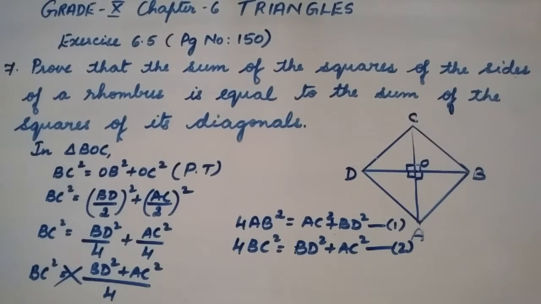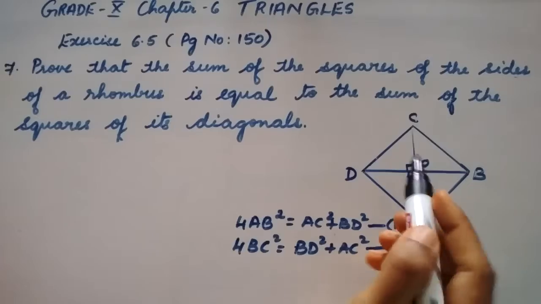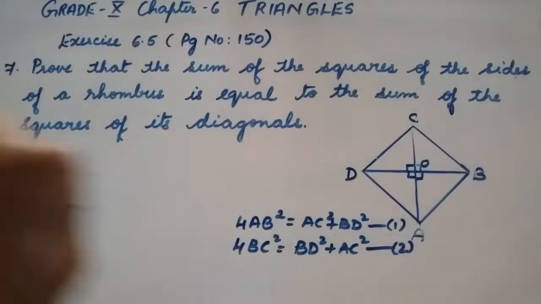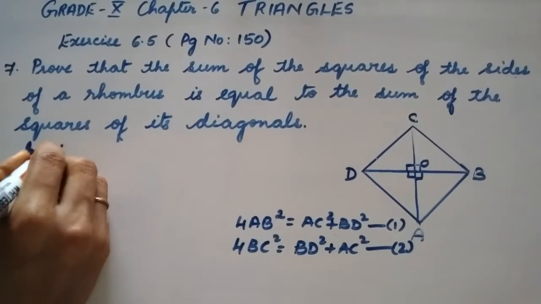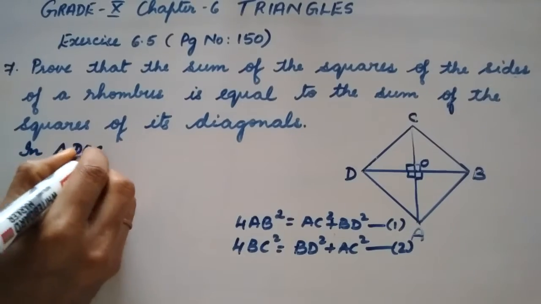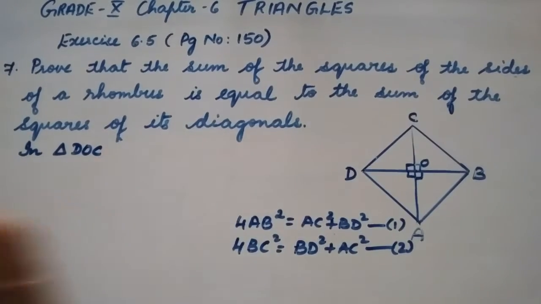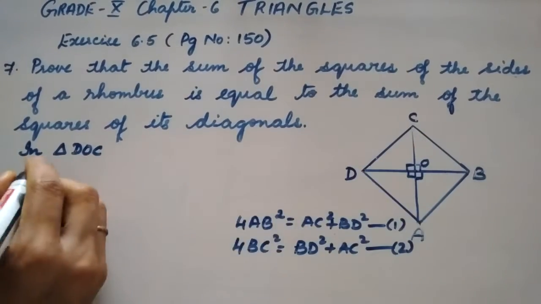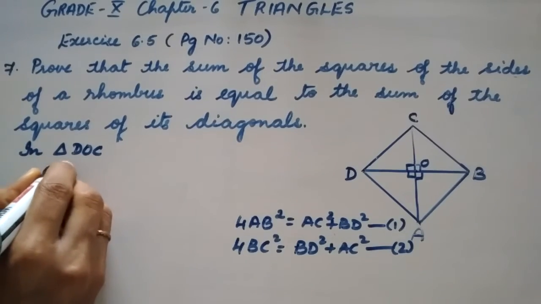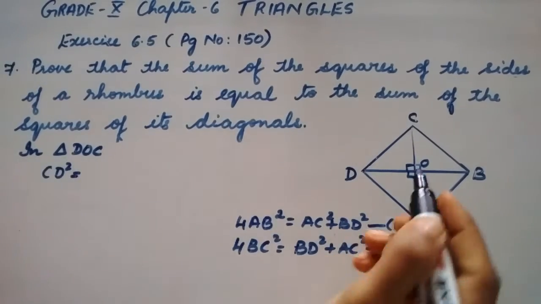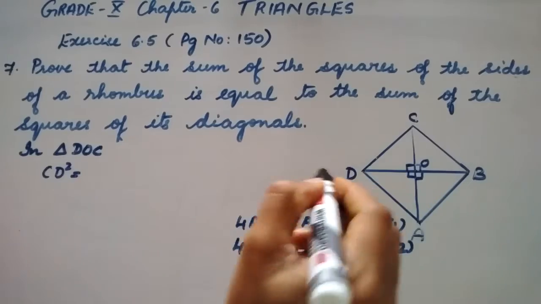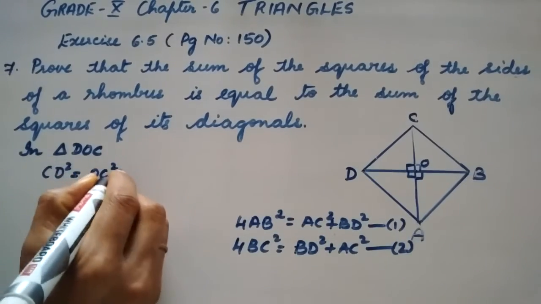Next, in triangle DOC, the hypotenuse is CD, isn't it? So CD square will be equal to OC square plus OD square.